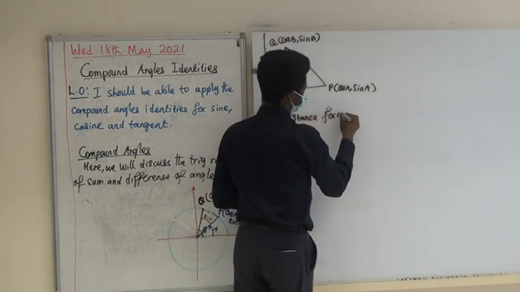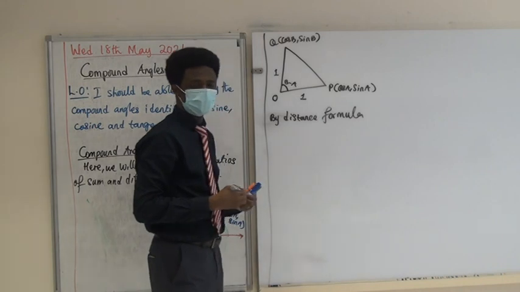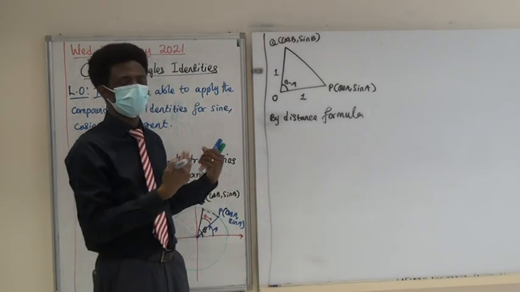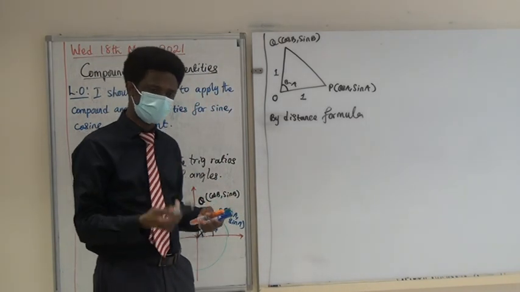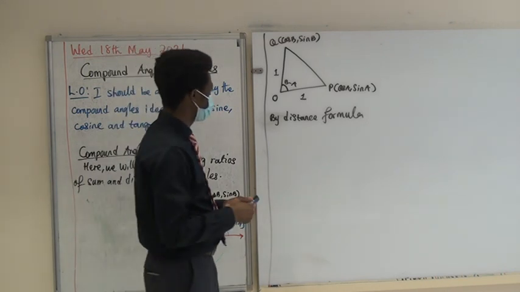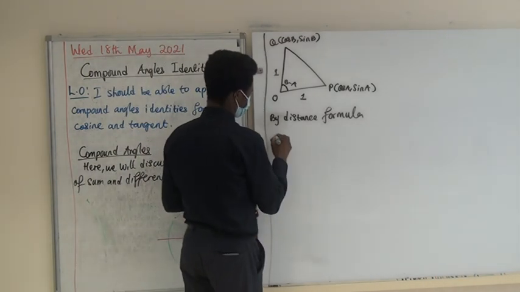Again, no one is going to ask you for this proof, but the way you reason when you prove is something I want you to gain whenever I am proving something. By distance formula, do you know the distance formula?